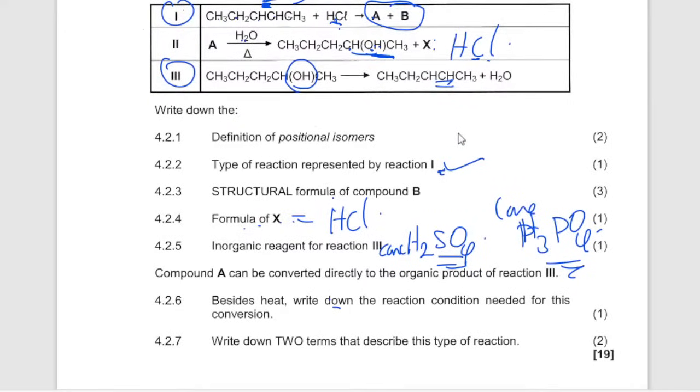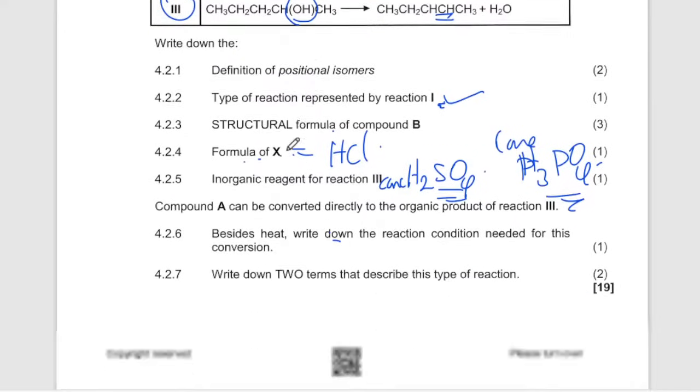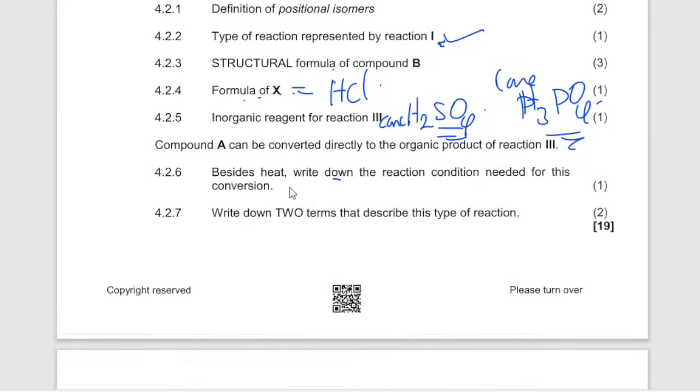So what do you need there? The first thing you need to know is that no water is needed. Then number two, a strong base. You use a strong base.